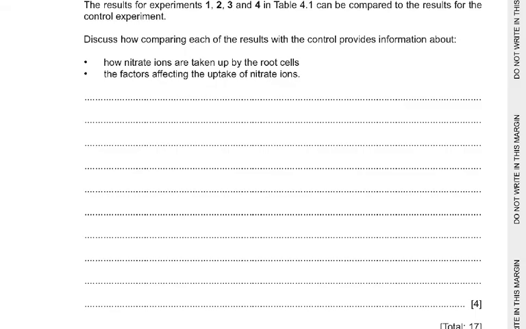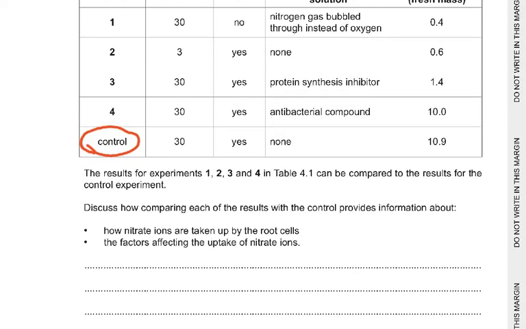Oxygen required for uptake, no uptake or almost no uptake in low temperatures, then protein or enzymes are required for uptake, then very similar uptake with bacteria and control. And you could have given me a comparative result to support one of the marking points too, which is no uptake in low temperature. At 3 degrees Celsius here, it was 0.6.